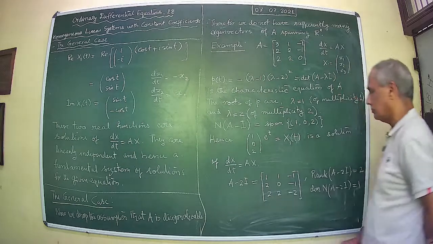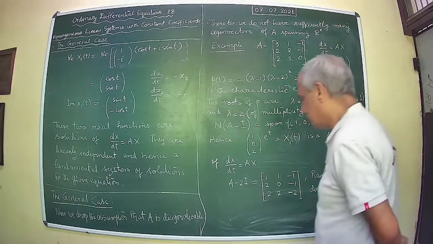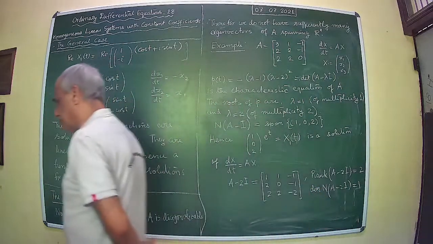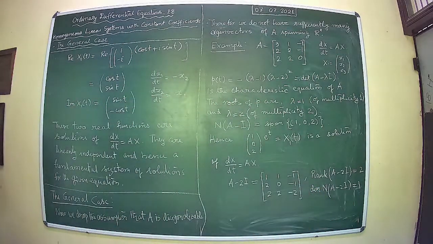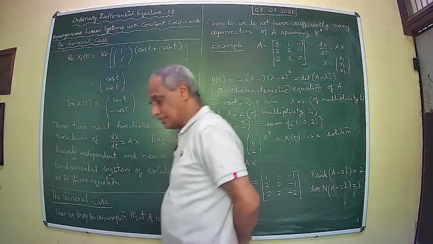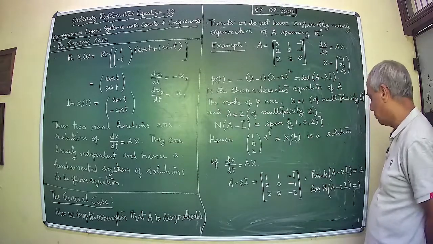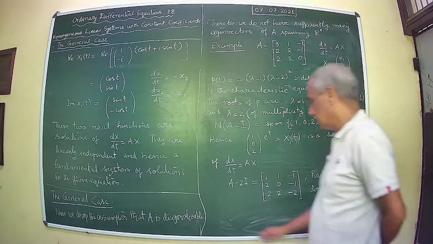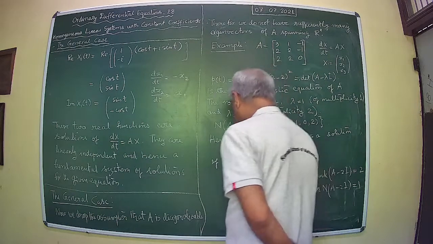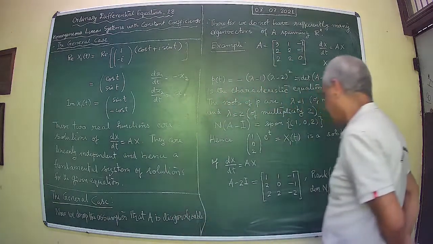This is the problem. So you see that you don't get 2 linearly independent solutions, 2 linearly independent vectors which form eigenvectors of 2. You get only 1. So we can easily work out what that solution is.